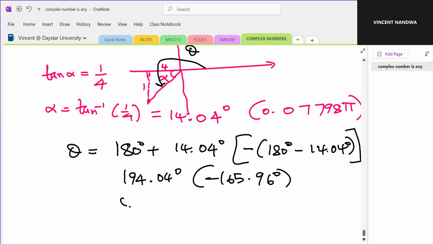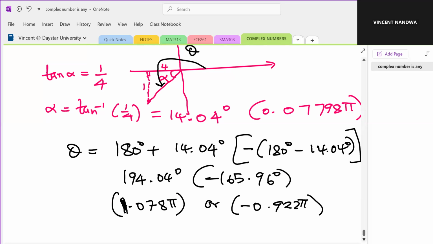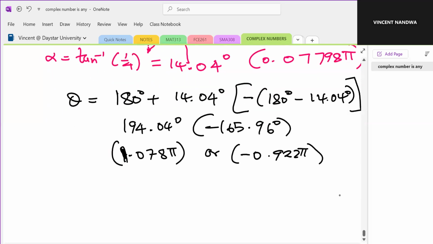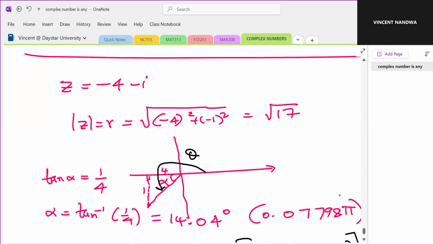So this is 1.078 pi radians. Or this one will give us negative 0.922 pi radians.